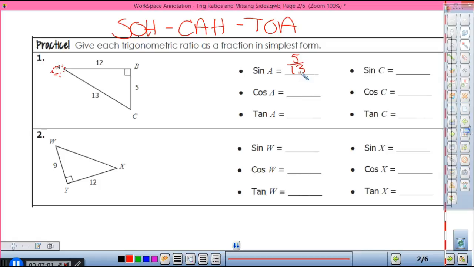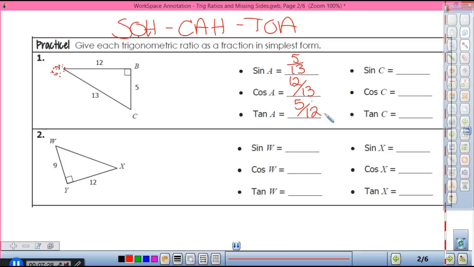Okay, cosine, adjacent, 12 over hypotenuse 13. Tangent, opposite. 5 is opposite. Over adjacent is 12.